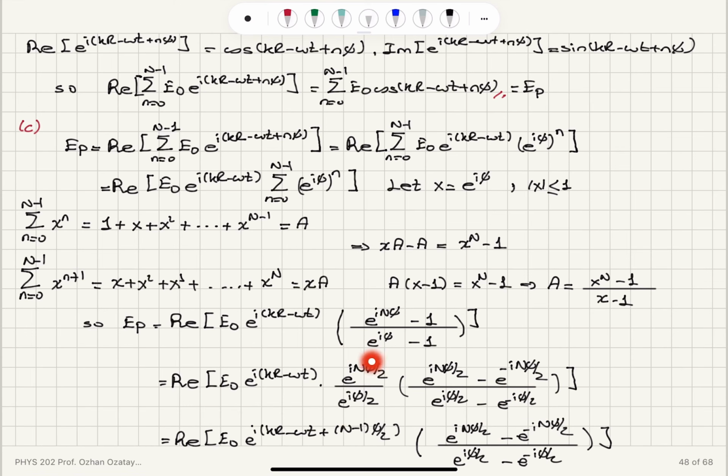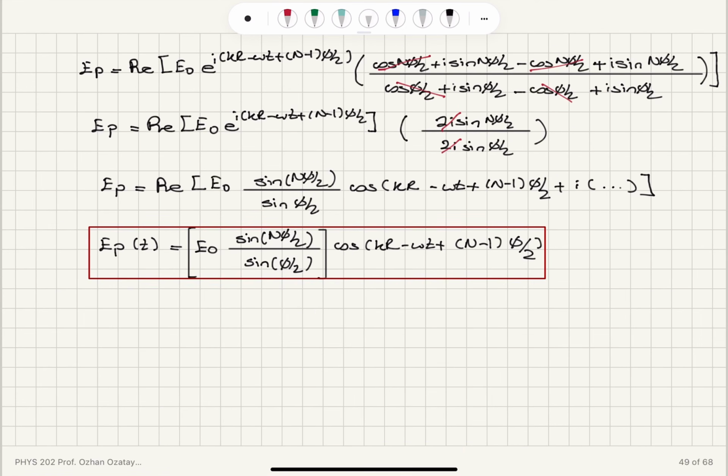So this term is basically e to the i (capital N minus 1) phi over 2, which goes here. And if I open this up using the Euler relation, cosine plus i sine, these cosine terms will disappear, the two i's will cancel, and I will be left with sine N phi over 2 over sine phi over 2.